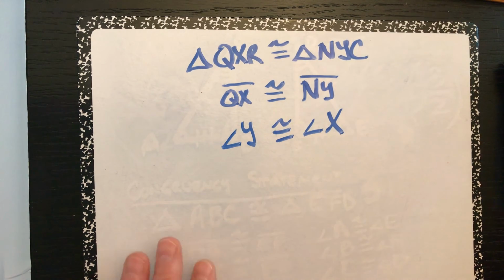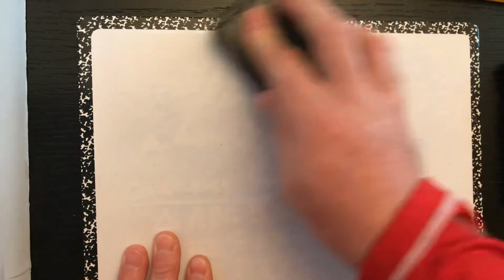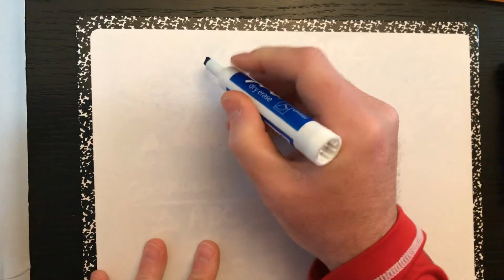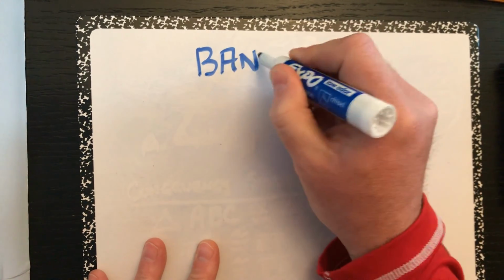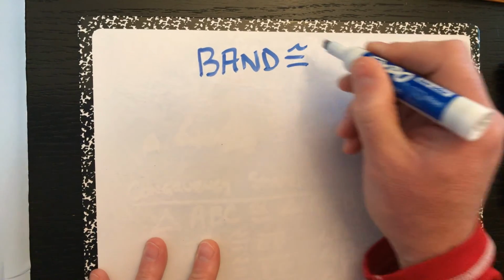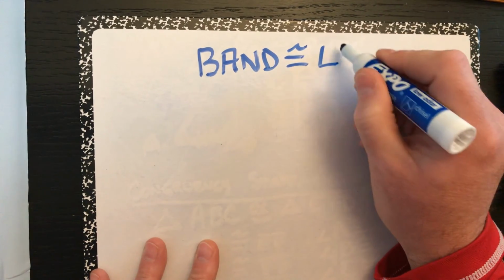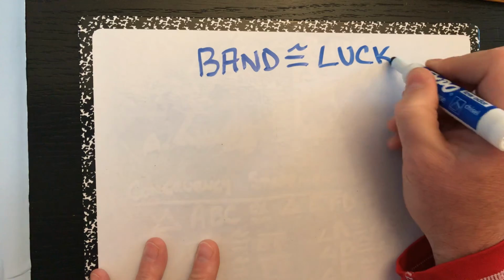And it doesn't necessarily have to be a triangle. It could be a quadrilateral. Like for one of them, they say BAND is congruent to LUCK.